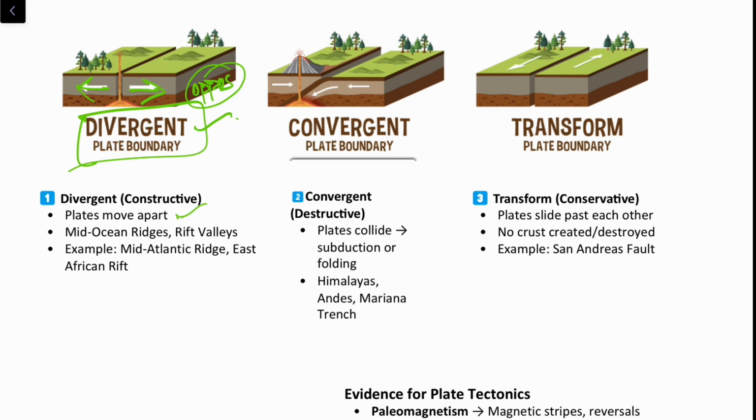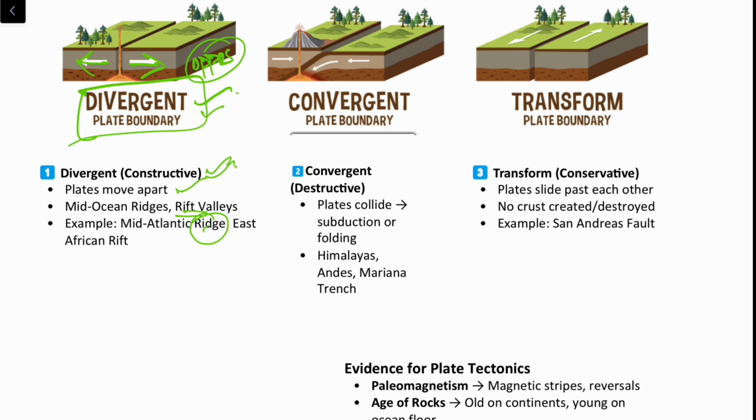The plates move apart, and because of the movement in the opposite direction, magma comes out from the mantle region towards the crustal region, and starts forming the mid-oceanic ridges, and various mountains and volcanoes as well. That's what we call the divergent plate boundaries.